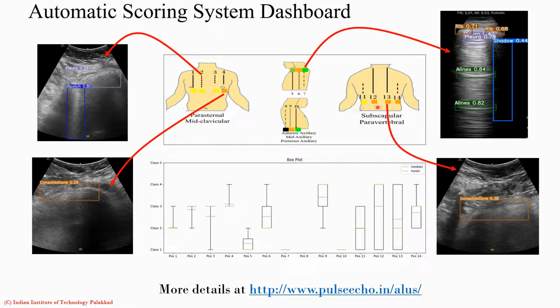The advantage of such a scoring dashboard is that, let's say on day 1 the scanning is done and the dashboard is available to the clinician. He can clearly see which region of the lung is more infectious, and for subsequent scans, maybe day 2 or even within the same day, only those points need to be retaken. This will save a lot of time and effort on the clinical side, and such a dashboard has been greatly appreciated by all the clinicians involved in this project.